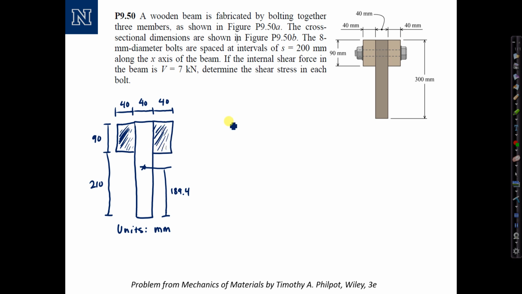So Q is equal to the area of those side sections, which is 2 times 40 times 90, times the distance from the overall centroid up to their centroid.